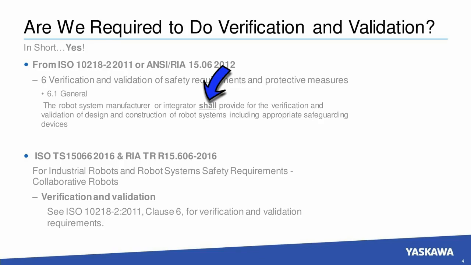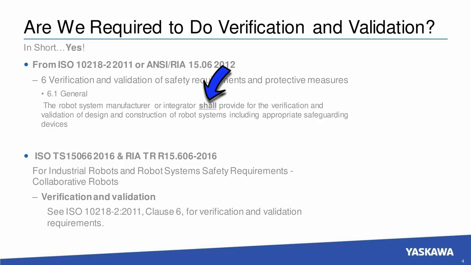So I know what you're thinking. What does the collaborative robot safety specification, since we're talking about PFL, which is TS 15066, say about verification and validation? And you can see that it basically points right back at the parent standard.